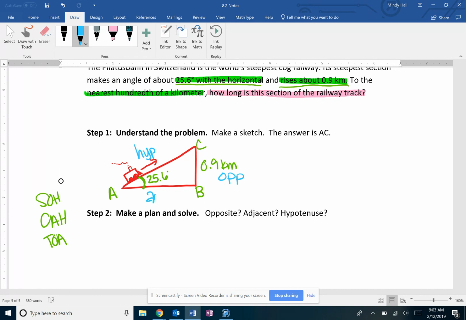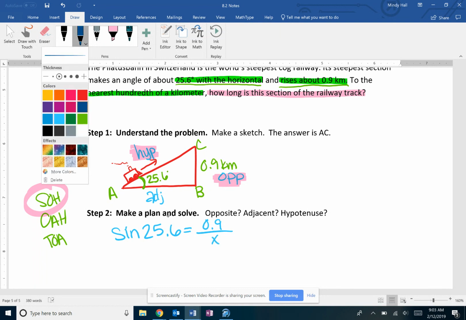And then AB, that bottom piece, would be the adjacent. So because I need my opposite side and my hypotenuse, opposite and hypotenuse is sine. So then we have sine of 25.6 equals opposite of 0.9 over hypotenuse, which we don't know.